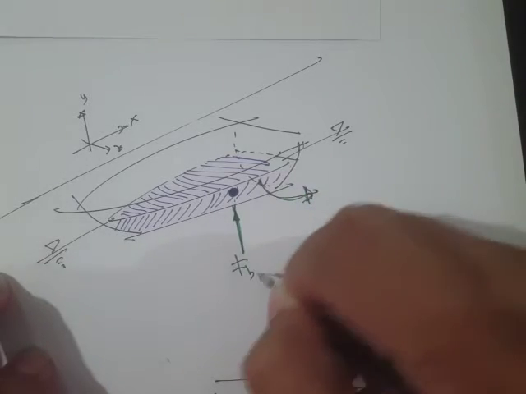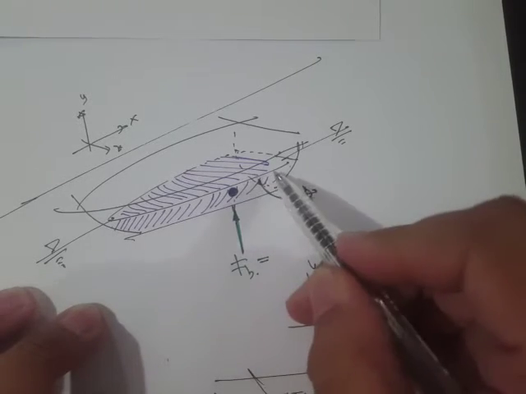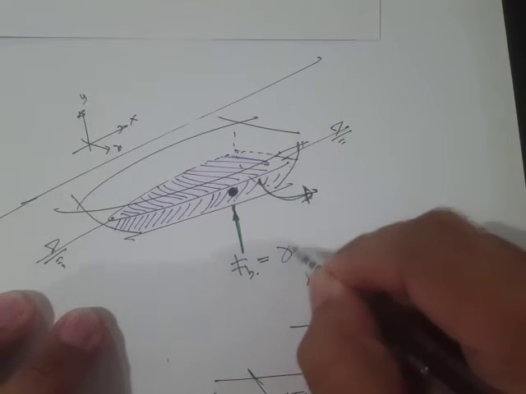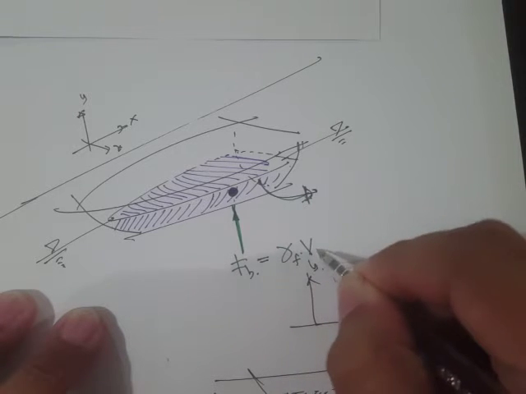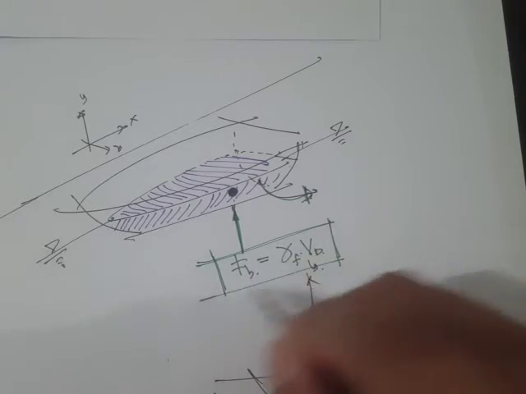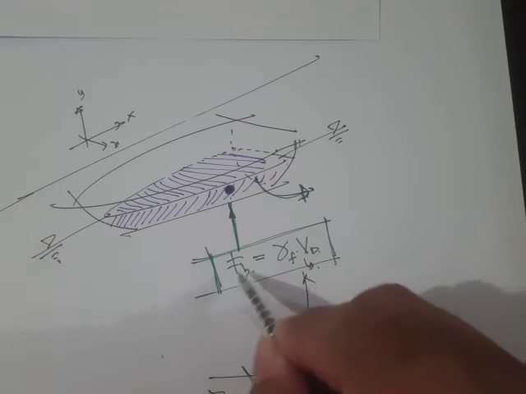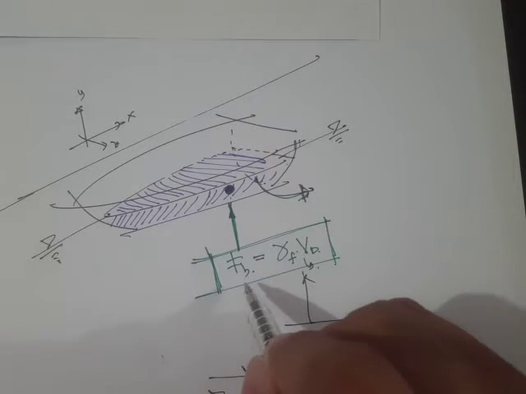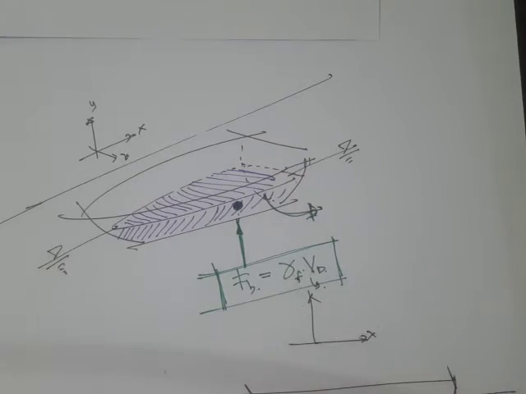So F_B, but the value of F_B is simply the weight of this displaced volume, which is equal to the unit weight of the fluid times the displaced volume. That's the main equation for this phenomenon: the buoyant force is equal to the weight density of the fluid multiplied by the displaced volume.